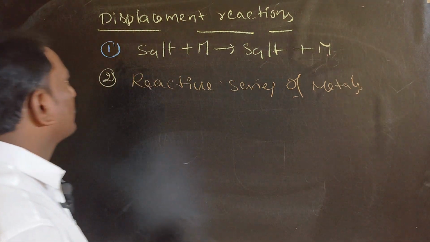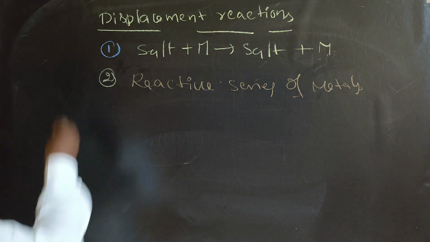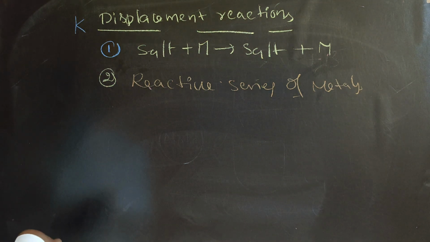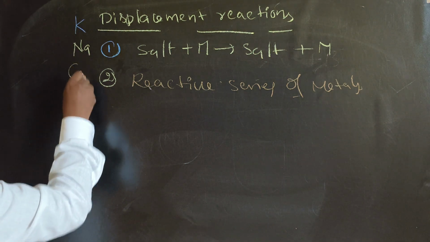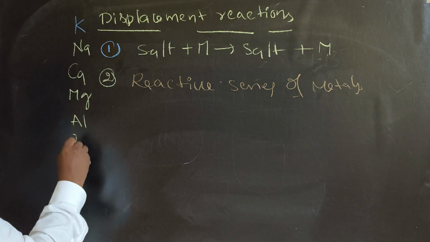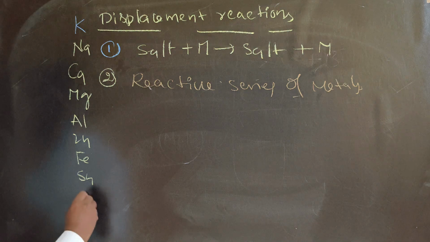According to them, let me write here, potassium is highly reactive metal, followed by sodium, calcium, magnesium, aluminum, zinc, iron, tin, lead.